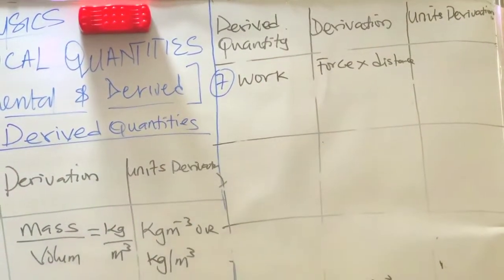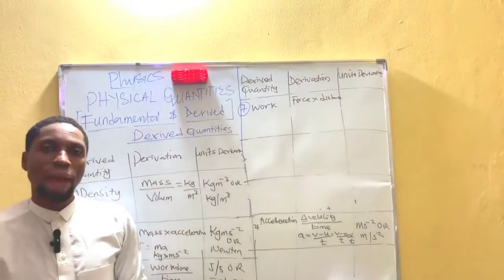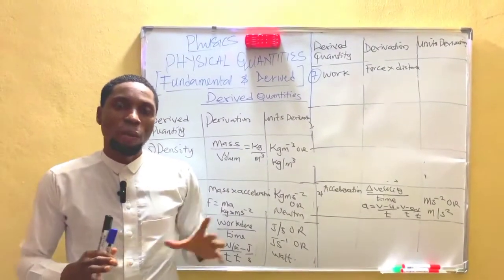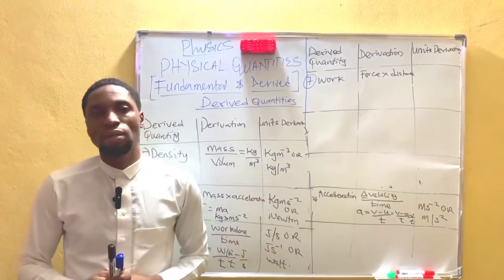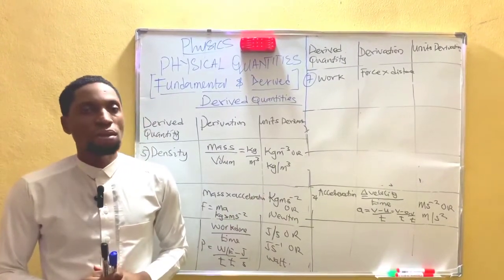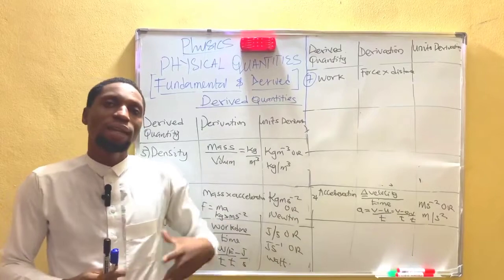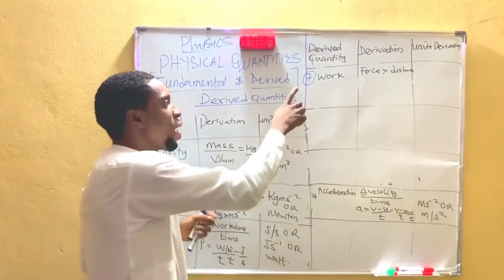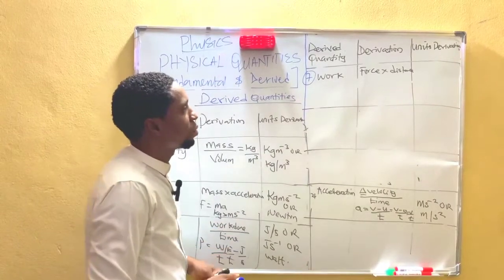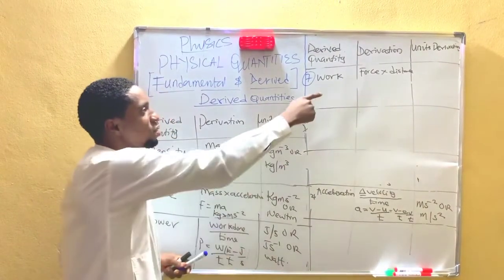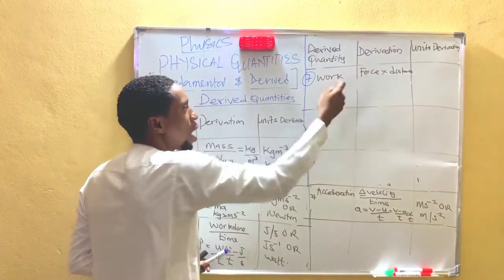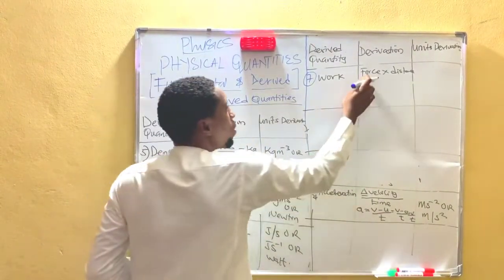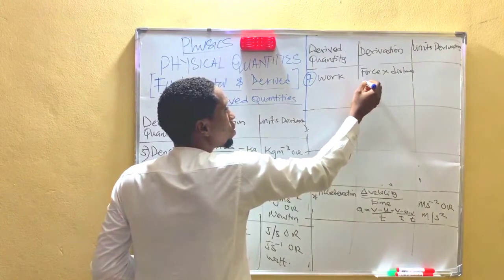Work is said to be done when a force moves an object towards a distance in the direction of that force. So for work to be done in physics, there must be force and there must be distance.